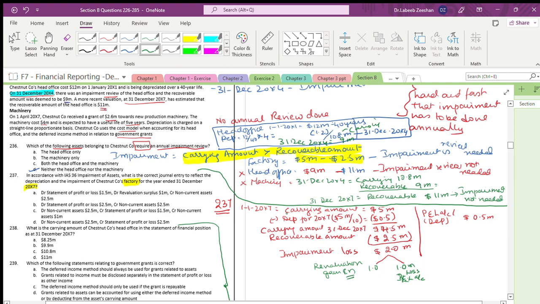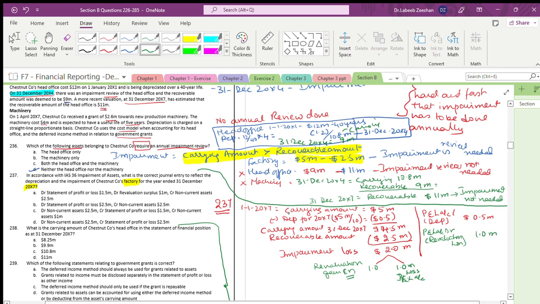Profit and loss account, how much do we have to make? Make sure, 2 million. This is depreciation. Next, profit and loss account debit: this is revaluation loss of 1 million.